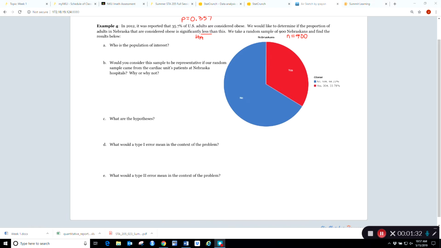P-hat is going to be those that are considered obese, based upon this yes idea. So p-hat is 304 out of 900, or in decimal form, 0.3378.